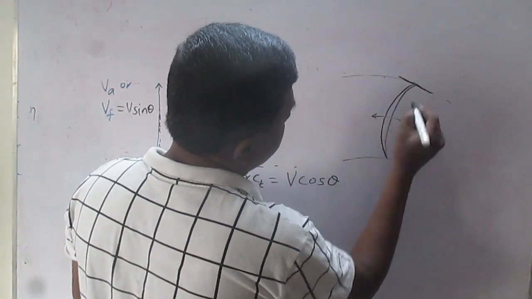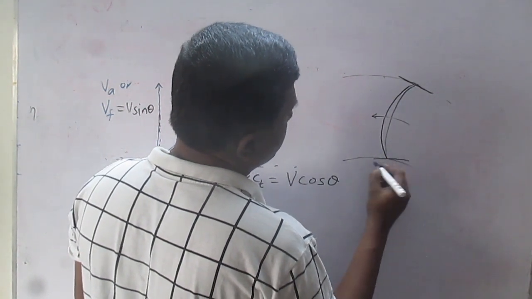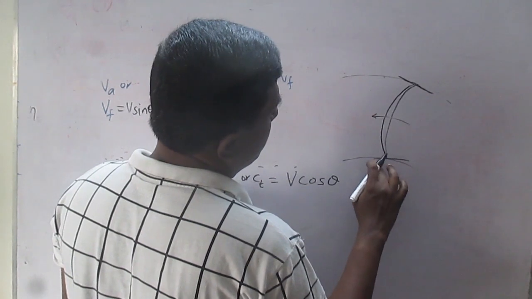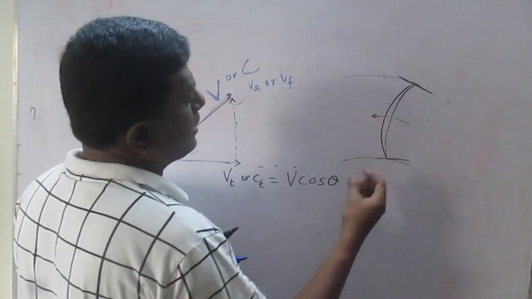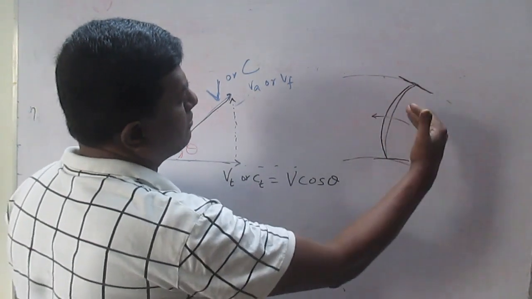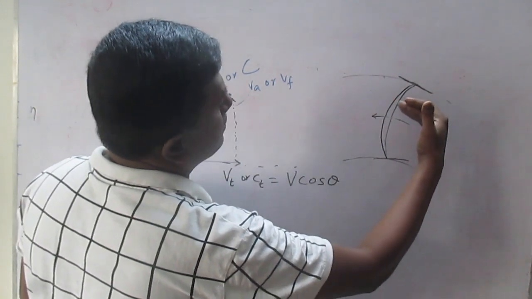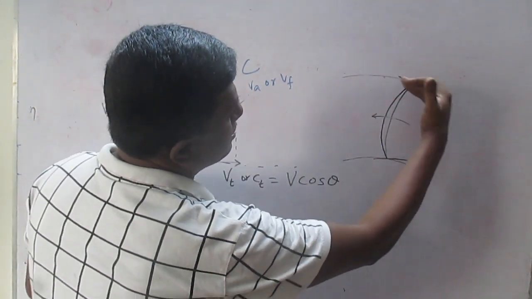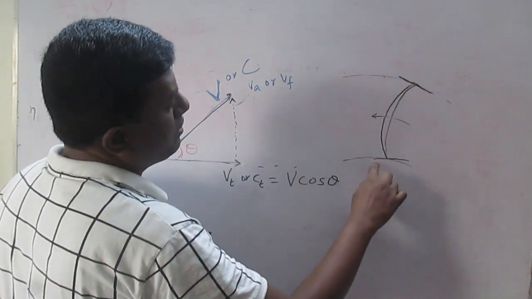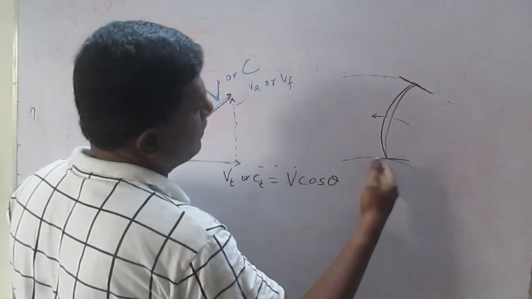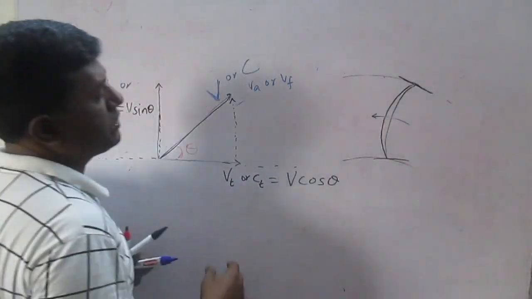So here this is the tangential direction. Similarly here also we can draw the tangential direction. These two lines represent the tangential direction, which in this case is horizontal. That is the reason this tangential component is represented by the blade velocity or vane velocity or impeller velocity.